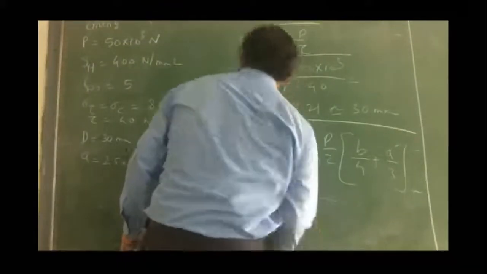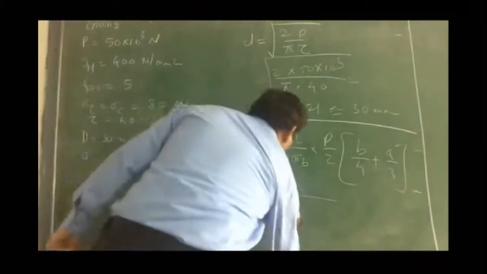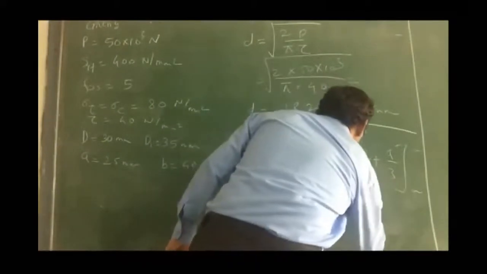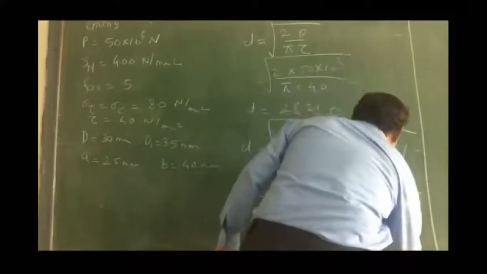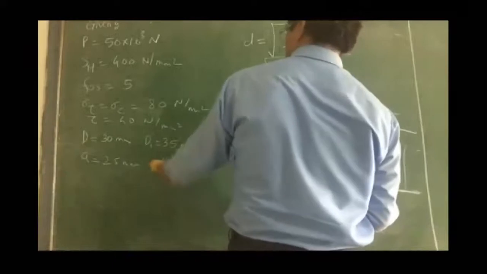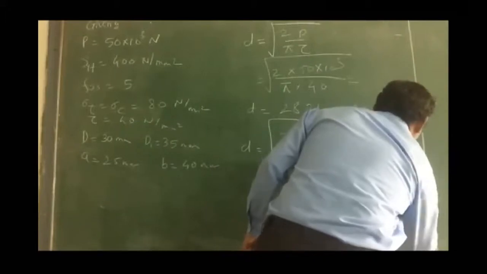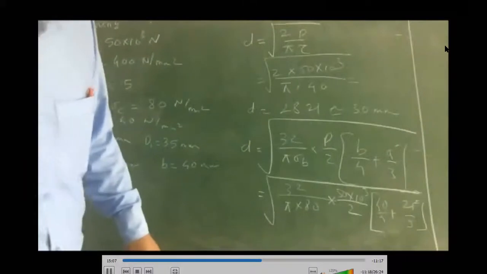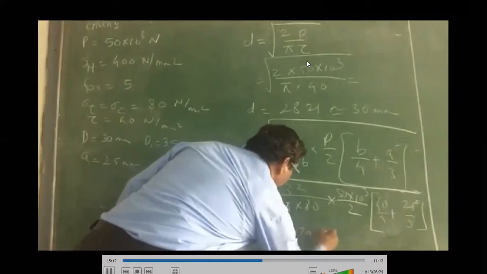Here we put the value 32, allowable bending stress is 80, pi into 80, into P by 2, 50 into 10 to the 3 upon 2, cube root of that, multiplied by B by 4, B is 40, by 4, plus 25 by 3. We will solve this equation and we will get 38.79, or we will say 40 mm.